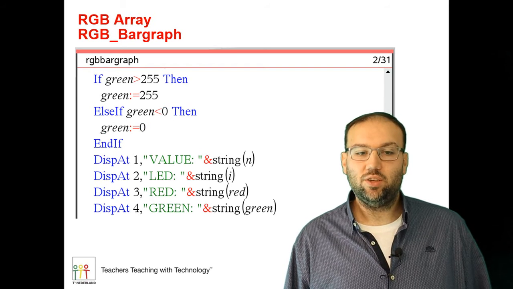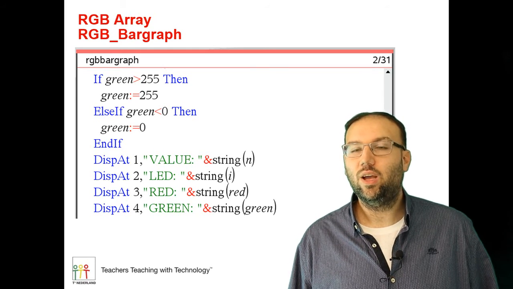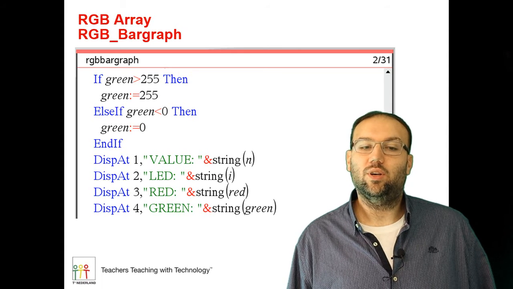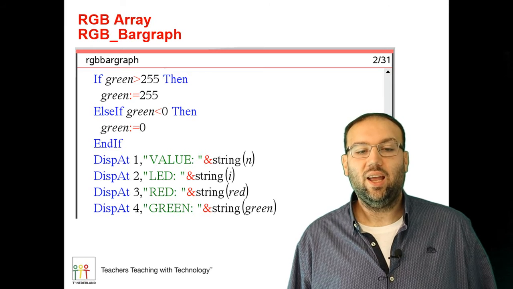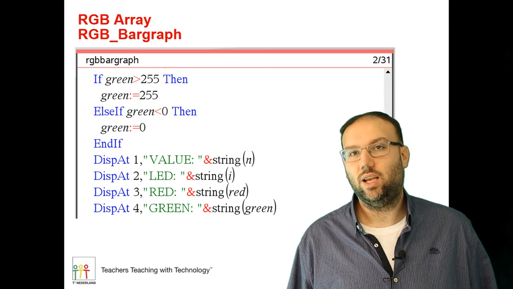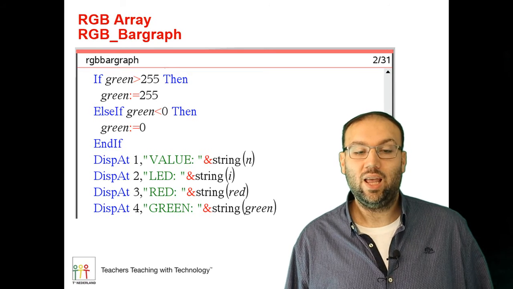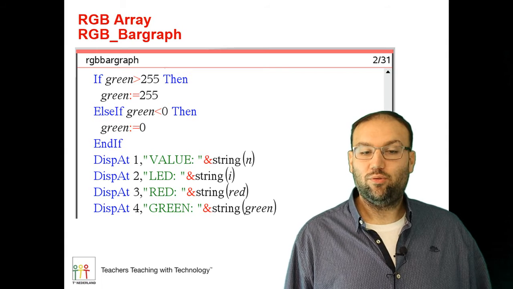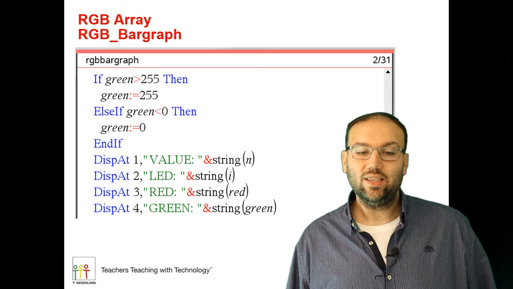The programming continues with if green is greater than 255, then green is 255, because you can't program a value that is greater than 255 in the RGB array. And if green is less than 0, then green is 0. That's the same reason why red can't be negative. So then you have a valid value for green and red.